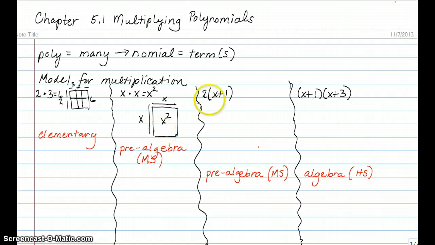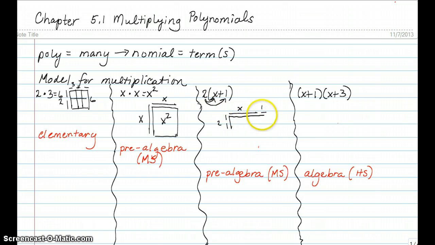Okay, then we have distributive property in evidence here, and you multiply the 2 times the x and the 2 times the 1. Well, here's what that looks like. You have 2, and then you have x, which is a bit longer, and then 1. Draw your rectangle.